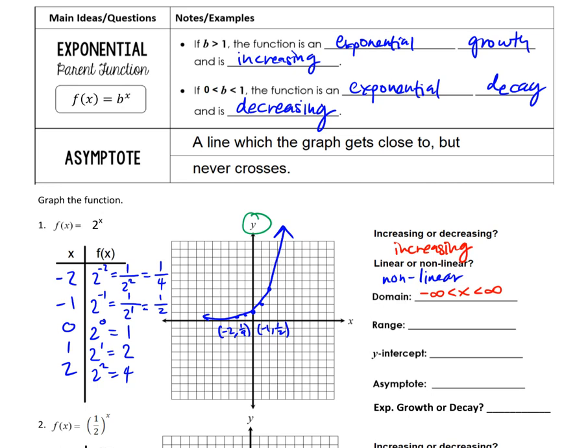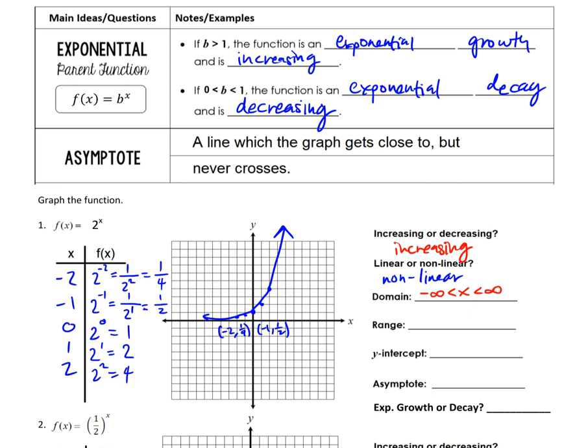So if we're considering the y values, as you can see here, if you were to graph this, it's going to keep going this way. It's going to approach 0, the y value of 0, but it doesn't cross it. It doesn't go beyond this. It's just going to stop there. Okay?